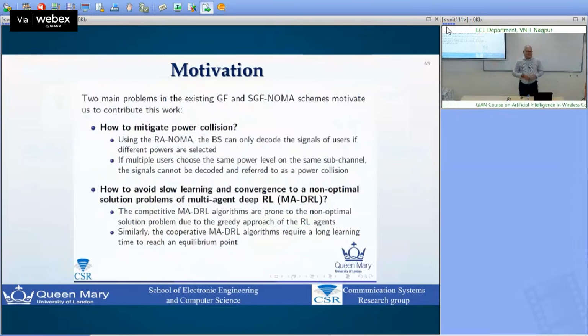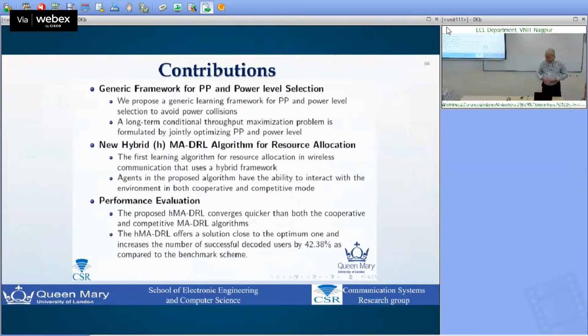That means each device improves its own rate and doesn't care about the other devices. Now we are going to propose a hybrid scheme. Hybrid scheme means cooperative and competitive: a certain percentage of the time it will cooperate, a certain percentage of the time compete, because cooperative and competitive have separate advantages.